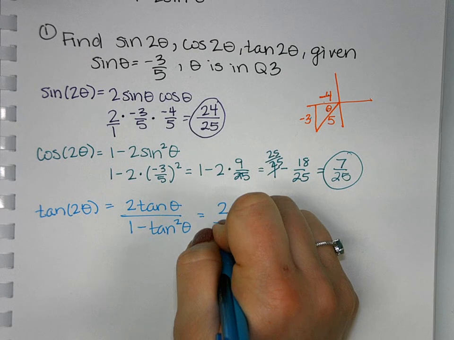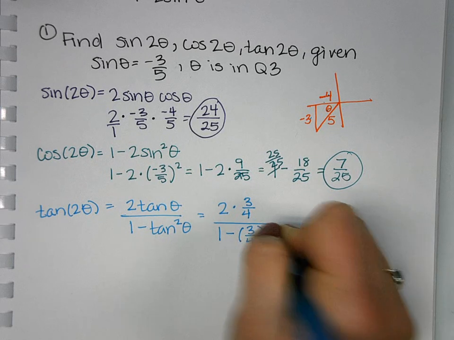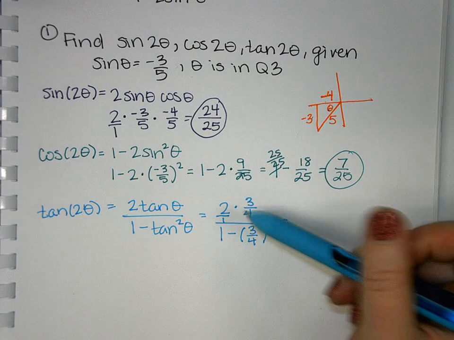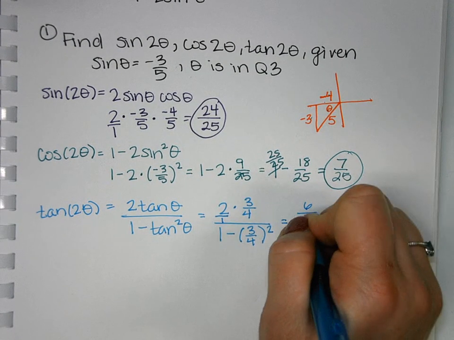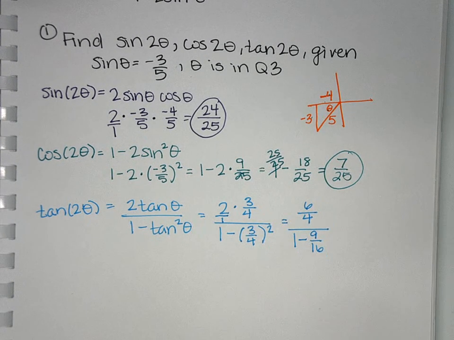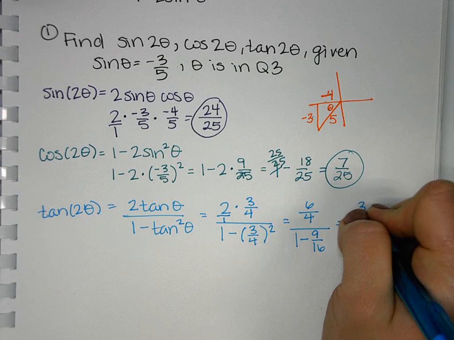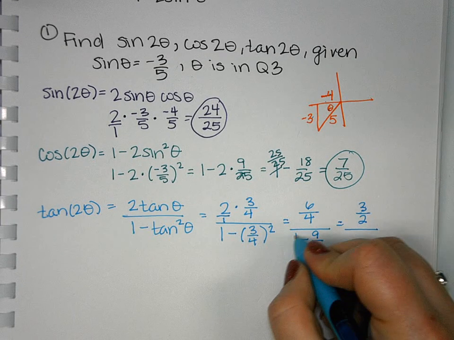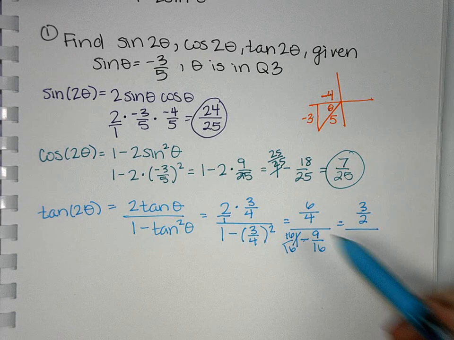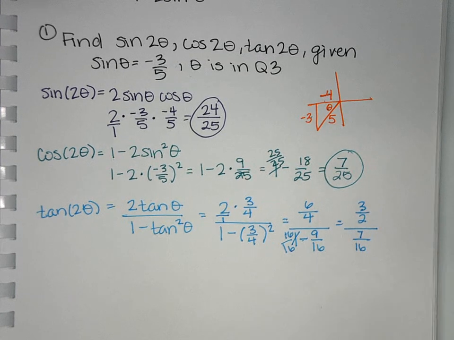And then on the bottom, we'll have 1 minus 3 over 4 squared. So on top, when I multiply those together, I end up with 6 over 4. And then on the bottom, I have 1 minus 9 over 16. I'm going to go ahead and reduce the top to be 3/2. And on the bottom, I'm going to make this 16 over 16, so I can do 16 minus 9, and that would give me 7 over 16.